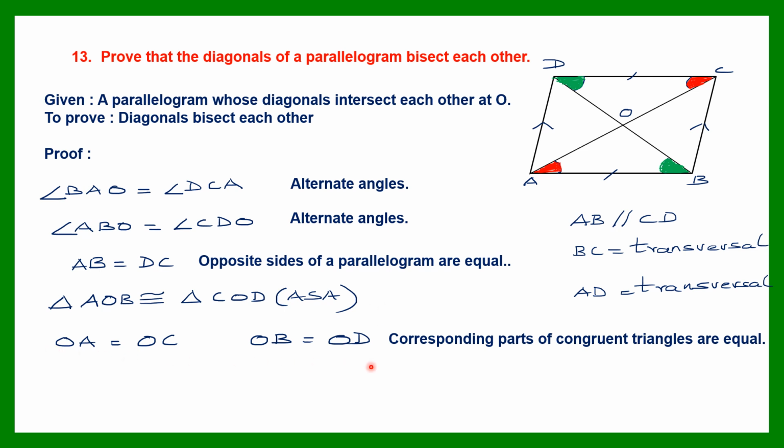So that means we have proved it, isn't it? We have proved that they bisect each other because they are equal. Corresponding parts are equal. So we say that these diagonals have bisected each other and hence we have proved it. So to prove it, these are all the steps you need to follow and at the end you have to say that you have proved it.